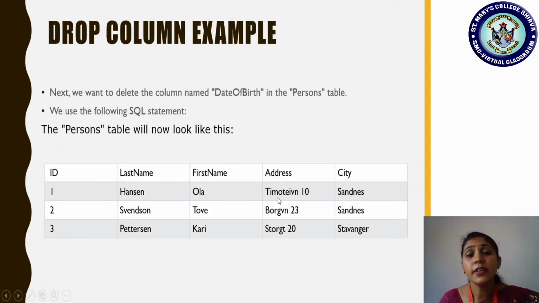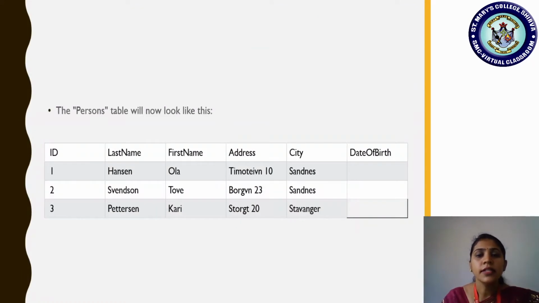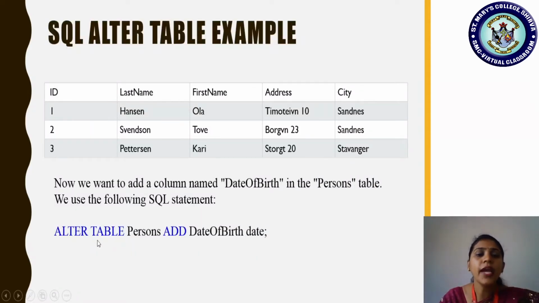Well, we had discussed how to drop a particular column or an attribute which is included in a table, right? In the alter command, how to drop a particular attribute. For example, this is a person table which includes ID, last name, first name, address, city, right? In the earlier part, we had included a new attribute, the date of birth, and we did it like this: alter table, this is a keyword, and the table name is persons, and as we need to include an attribute, we used the keyword add.